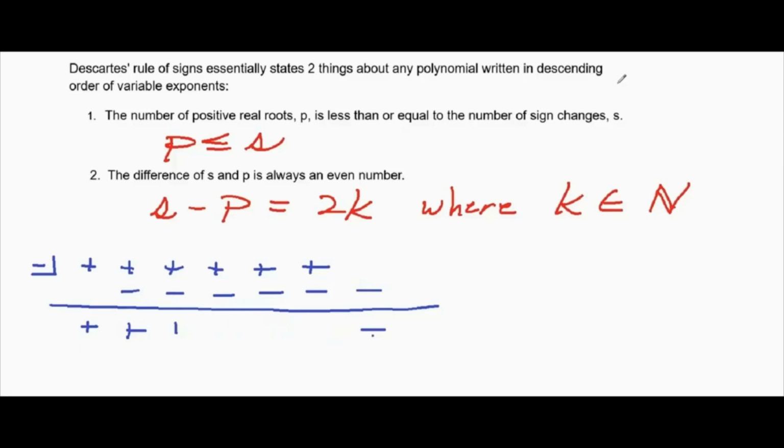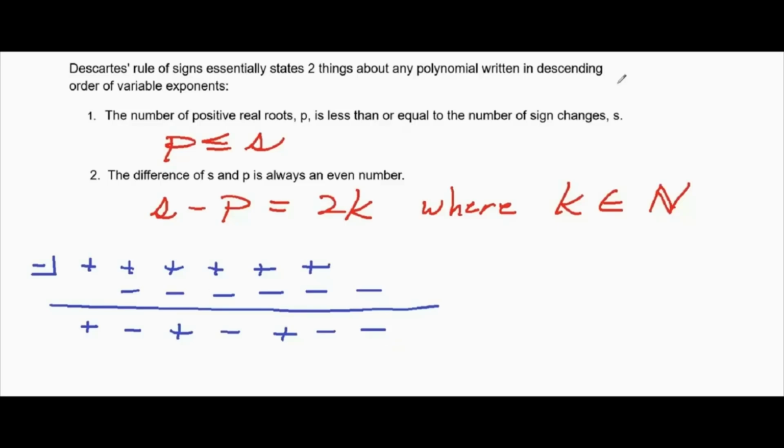Now let's think about what could happen with these. I call these forced columns and I call these accidental columns. They could go either way. So what could happen here? Well, let's make as many sign changes as we can. Let's pretend this had gone negative, positive, negative, positive, negative.